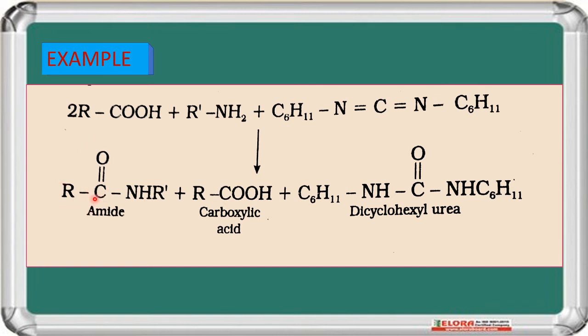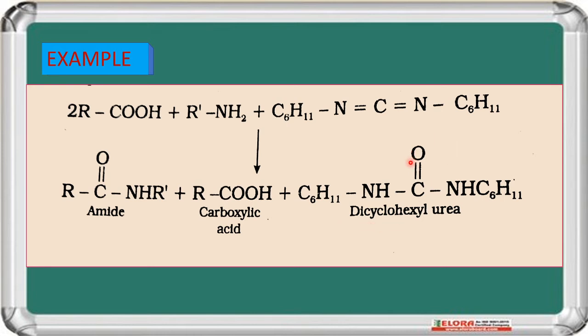Here R-C(=O)-NH-R' is the amide. C=O with NH is the amide group. And carboxylic acid RCOOH and C6H11-NH-C(=O)-NH-C6H11 are formed. Here is the dicyclohexyl urea.